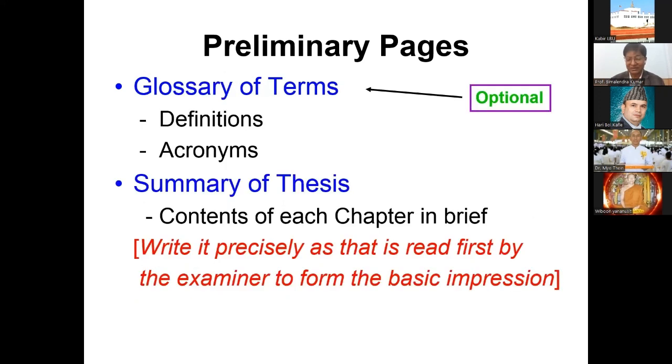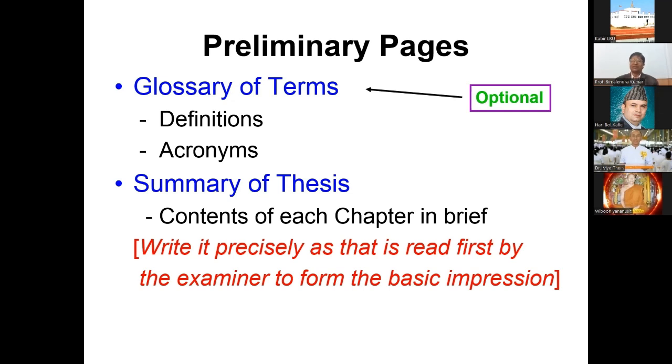What does it include? Then in the preliminary pages, if you have a glossary of the terms, in one line generally people give it. Sometimes in a book, we also find that at the end of the book, before the bibliography, persons give the glossary of the technical terms.